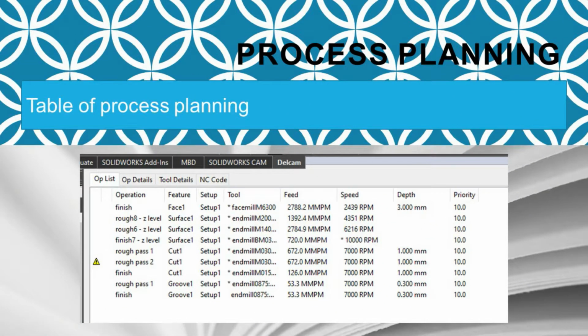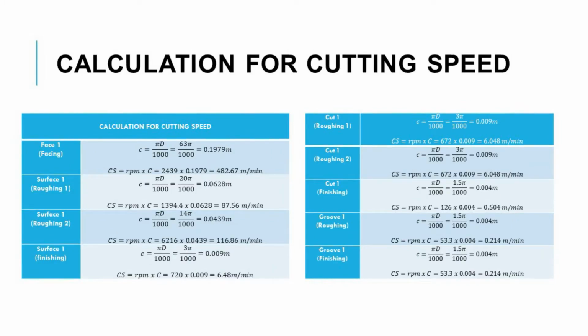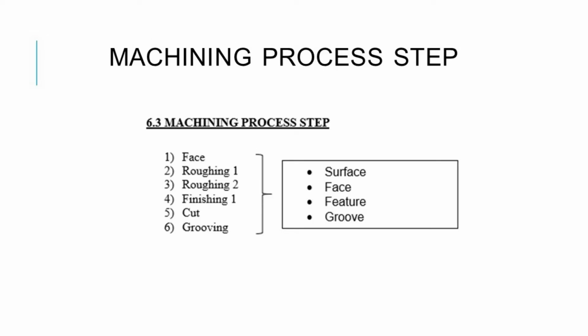So this is a table of process planning. From here we can see the operation list that we get after running a simulation, and then this is a calculation for cutting speed for the facing, surface, cut and groove. And then we can see here the machining process steps for our project.